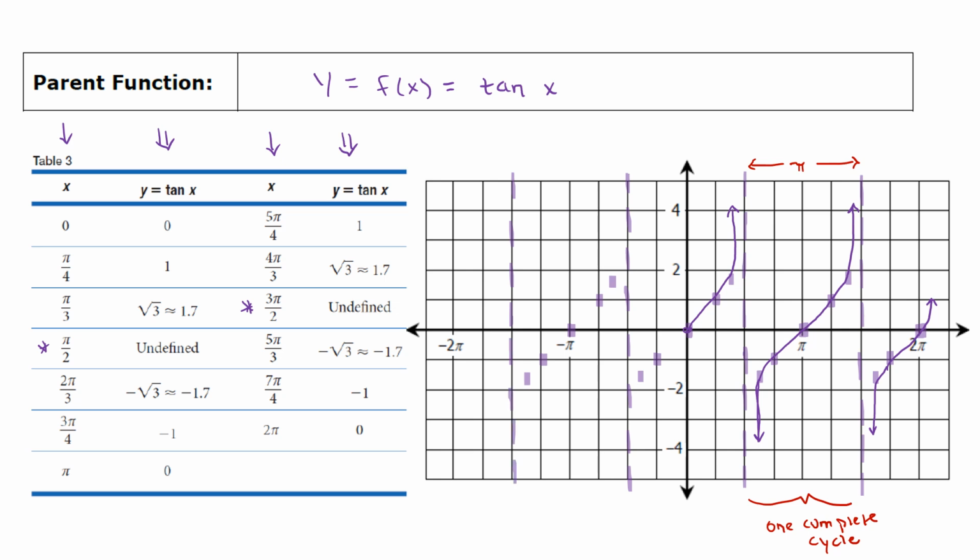And we start up again, positive 1.7, 1, 0. Okay, and then we can connect our dots. So let's finish this one here. There we go.